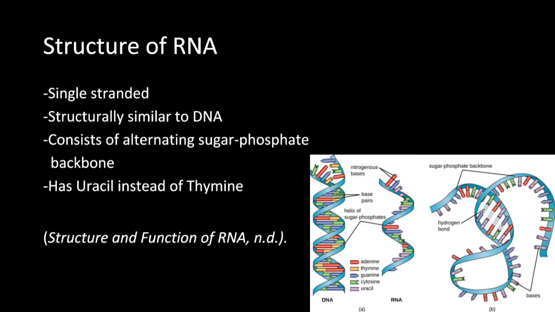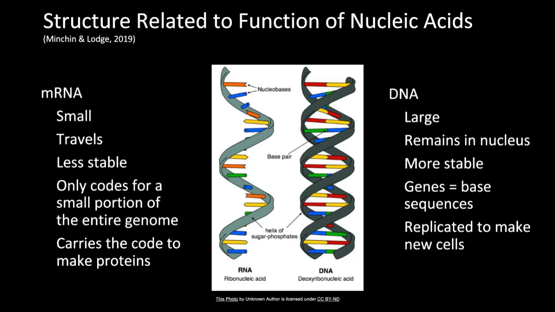RNA is single-stranded. The structure is similar to DNA except for uracil, with the concept of an alternating sugar phosphate backbone, and uracil instead of thymine. mRNA is small, travels, and is less stable. It only codes for a small portion of the entire genome and carries the code to make protein.